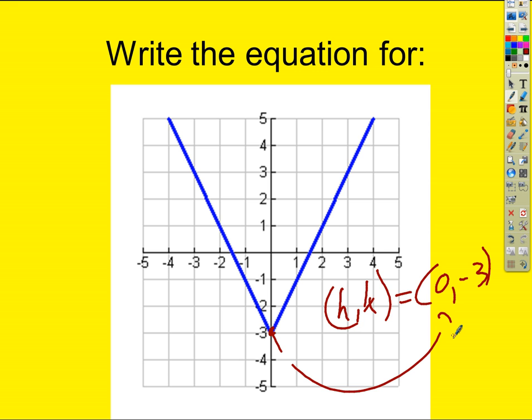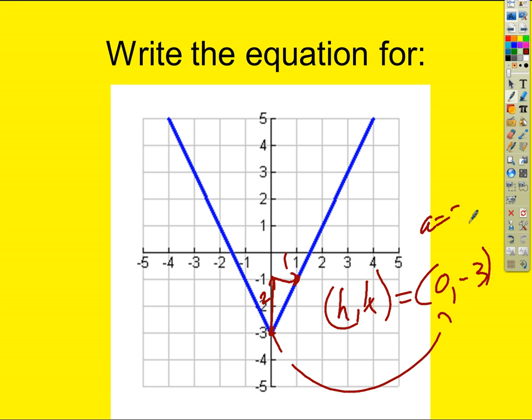Yep. Now what about A? I'm going to look at the right side. I got to pick 2 convenient points to make a slope triangle, right? So there's 1. There's 1 maybe? Yeah. Okay. So then that means I'm going to rise by 2 and run by 1. So what's A? 2 over 1, which is just 2, right?